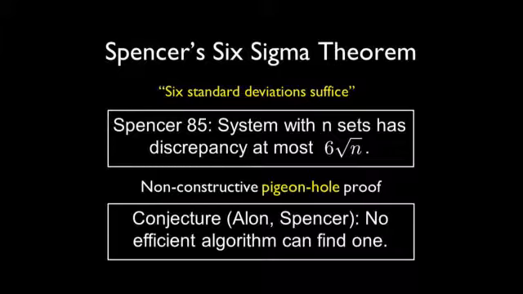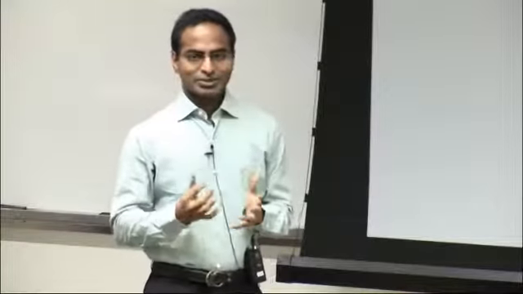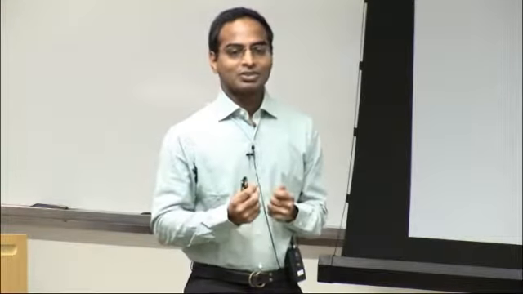Another aspect of this result is that Spencer's original proof had an ingenious use of the pigeonhole principle and hence was non-constructive. It gave no algorithm for finding such a coloring short of enumerating all possible colorings.